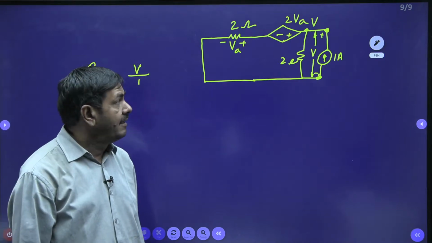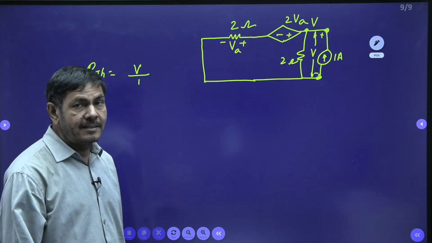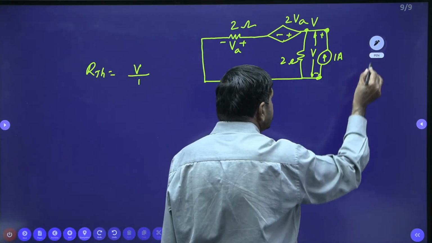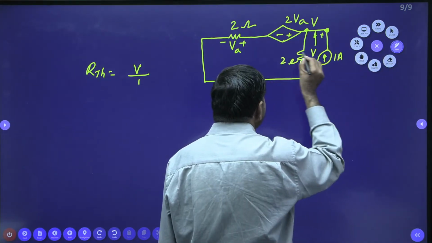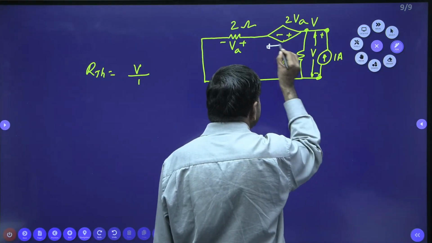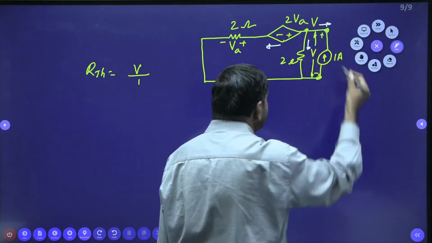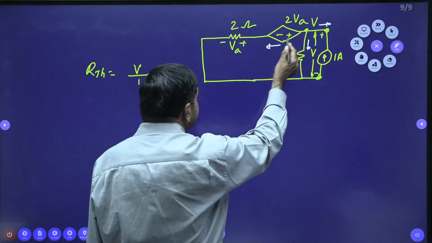But I wish to apply nodal analysis in this problem. If I apply nodal analysis, I can take the current direction this side: this current plus this current plus this current equals 0. What current is passing this side?